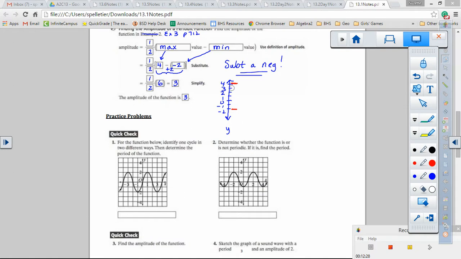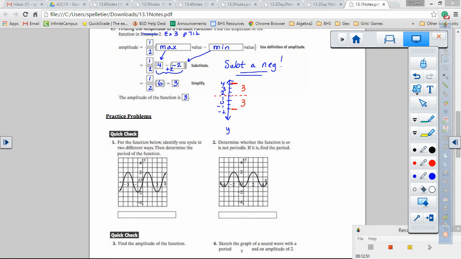So this is telling me 3 above and 3 below. So I would do 1, 2, 3. And then here I would do 1, 2, 3. So this would be the halfway point. My function would rise and fall, and that would be sort of the middle line of my function. So there would be 3 above and 3 below, so that's your amplitude.